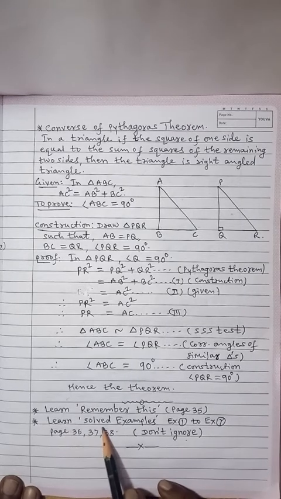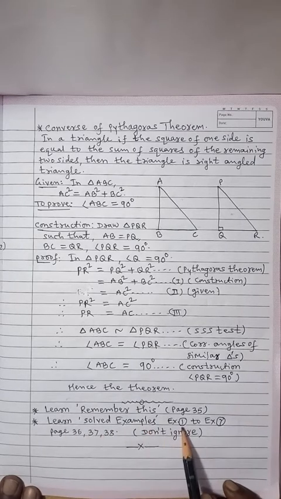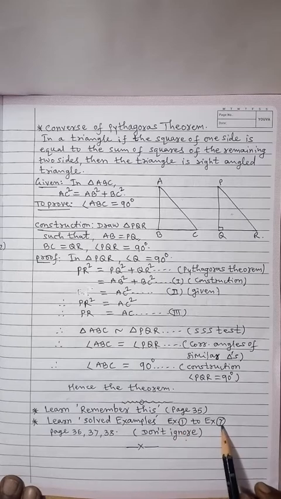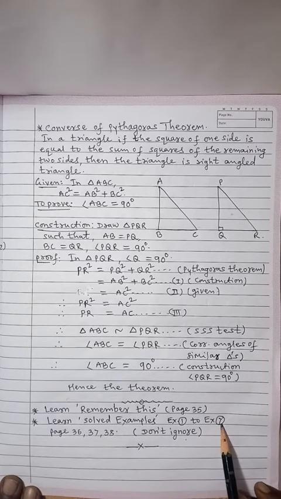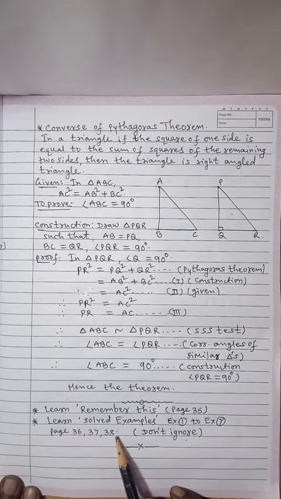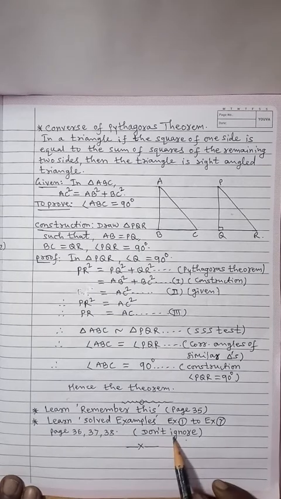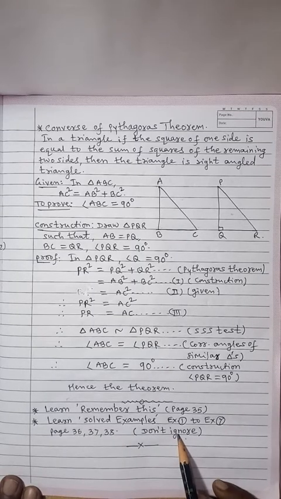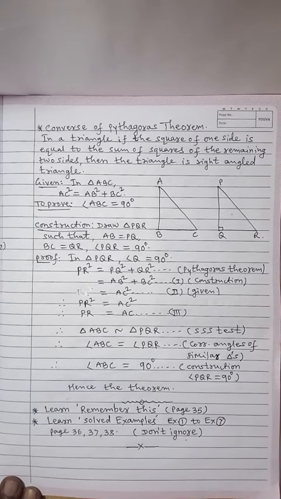Learn solved examples, example number 1 to example number 7, from pages 36, 37 and 38. Don't ignore this. Don't neglect. First you have to learn these 7 examples and then we'll go for the practice set and all.